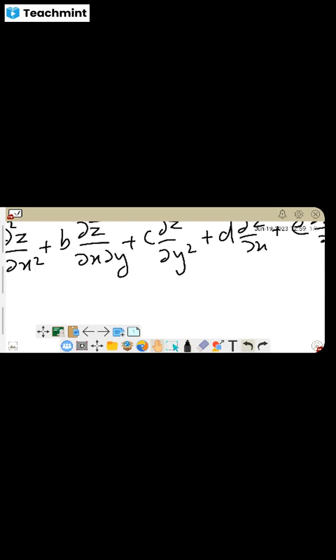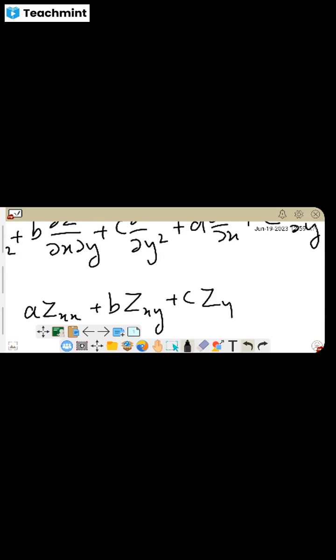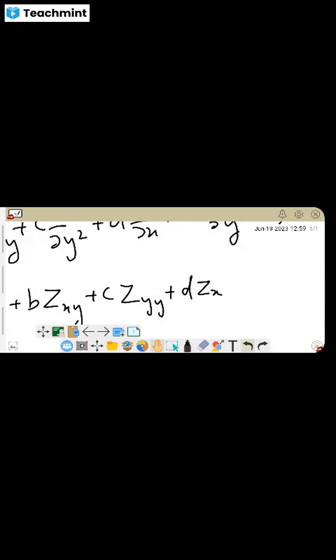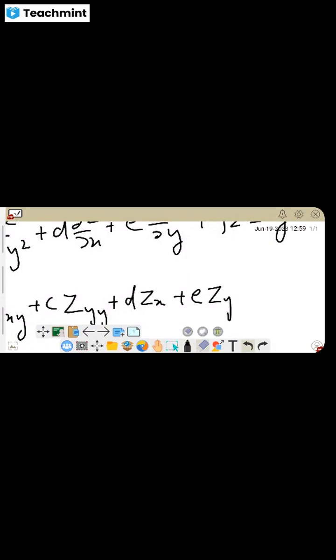Or we can write this equation in the form a z x x, where this is the second order derivative with respect to x, plus b z x y plus c z y y plus d z x, only with respect to x, plus e z y plus f is equal to 0.